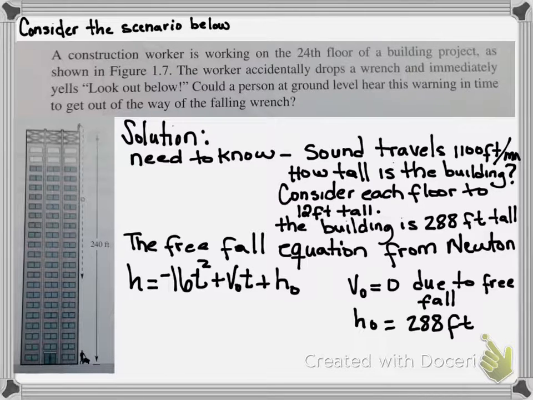Now, ladies and gentlemen, now that we have that, we follow by substituting. We know that the equation is going to be h equals negative 16t squared. Since v is 0, 0 times t is 0, plus h, the initial height, which is 288.